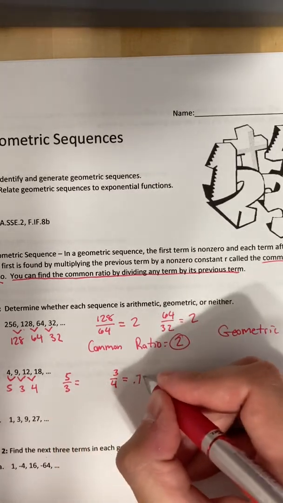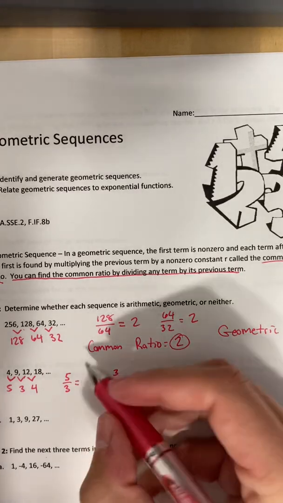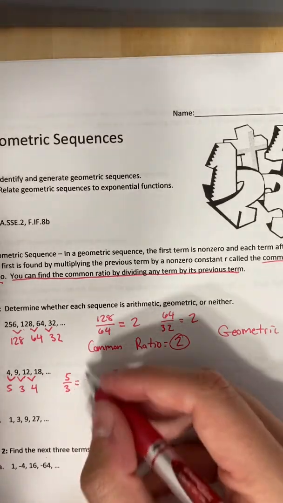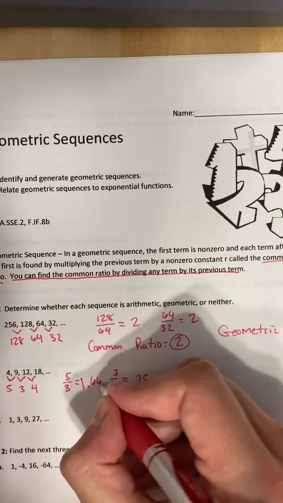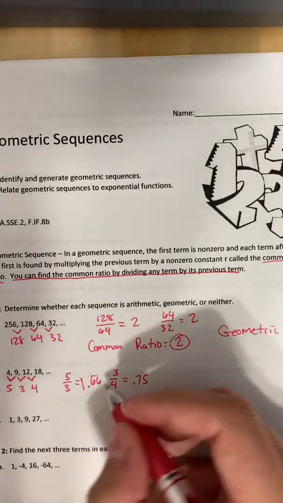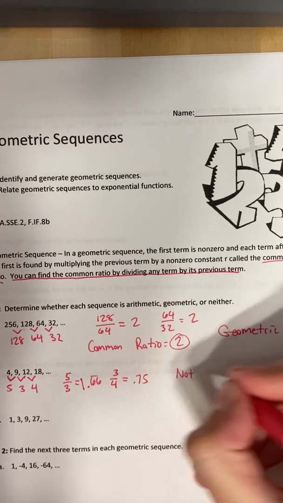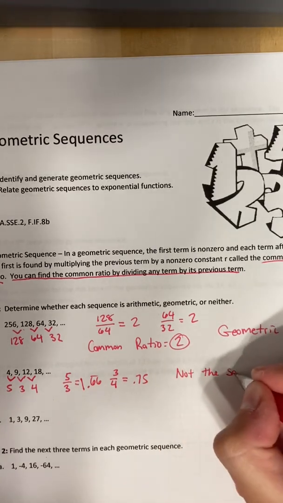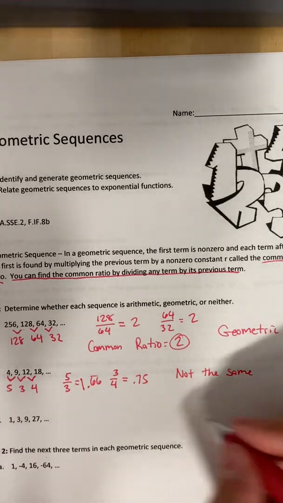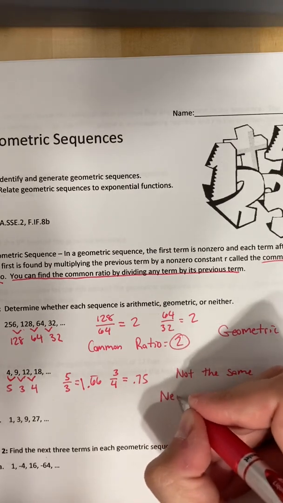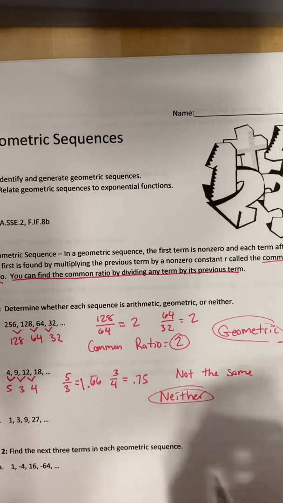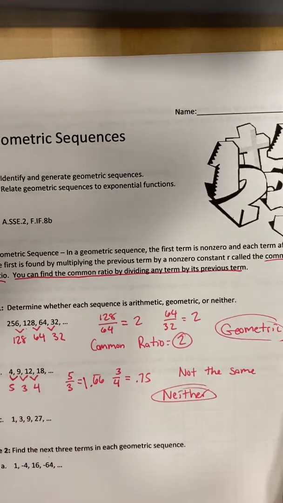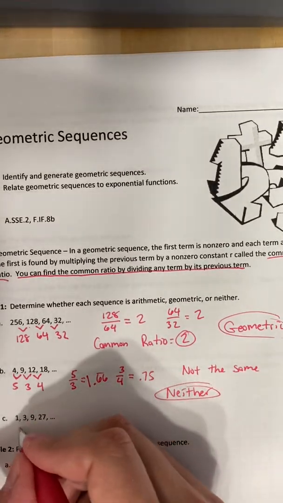This gives you 0.75, and this gives you 1.6666 repeating, so not the same. So this one would be neither. So I guess we can circle these. So neither.